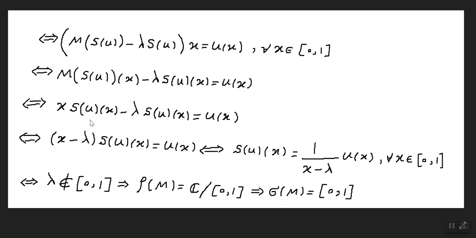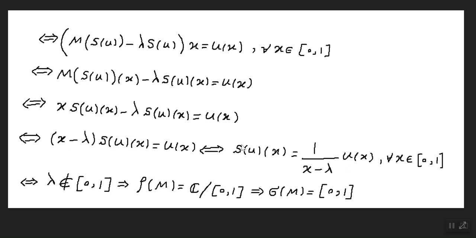Now look at here, we have S u at x, we can factorize it. So (x minus lambda) at S u(x) equals u(x). So now let's divide both sides by x minus lambda. We have S u at x equals 1 over (x minus lambda) times u(x).